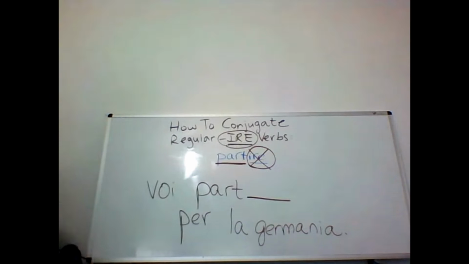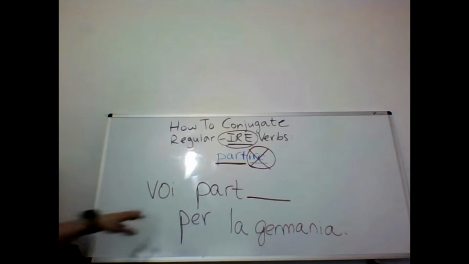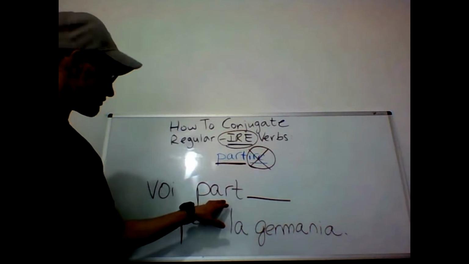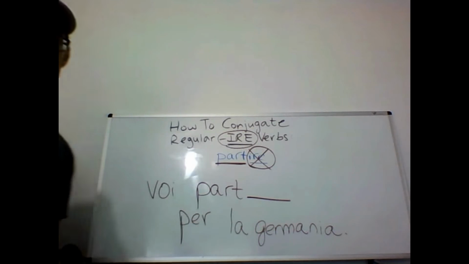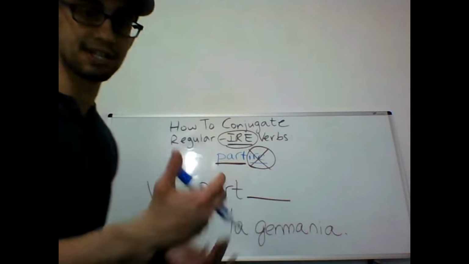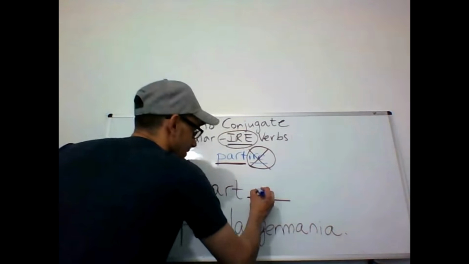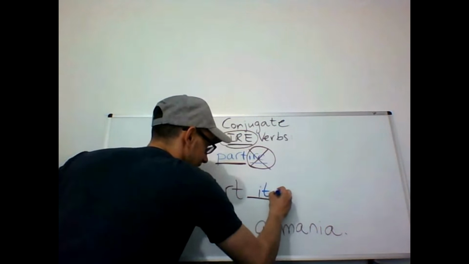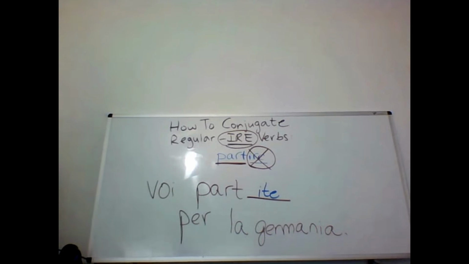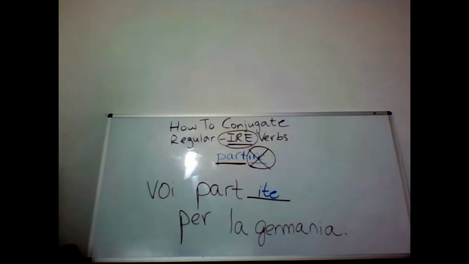Okay. So I have the voi. So you all leave for Germany. I go back to my table. I know that the voi form takes ite. So voi partite, right? Voi partite per la Germania. You all leave for Germany.